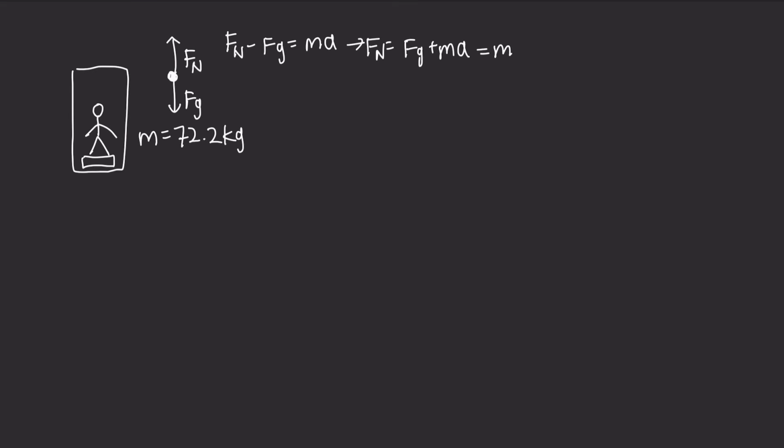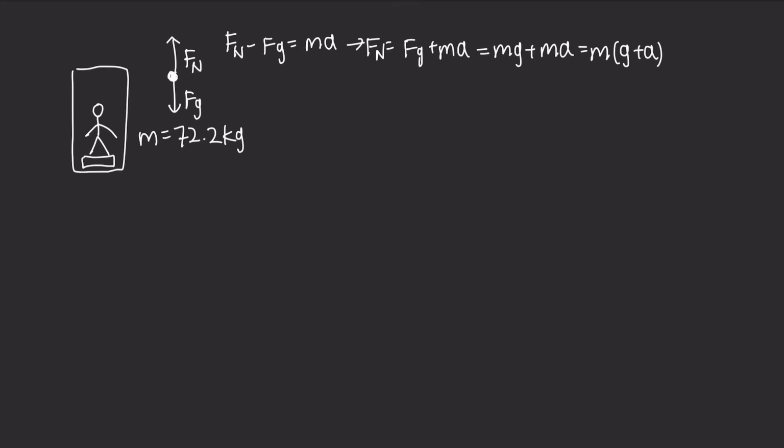We can substitute mg for the force of gravity to get mg plus ma and simplify using the distributive property to get m times g plus a for any acceleration a. For example, if the acceleration is upward, a would be positive, and negative if it was downward.